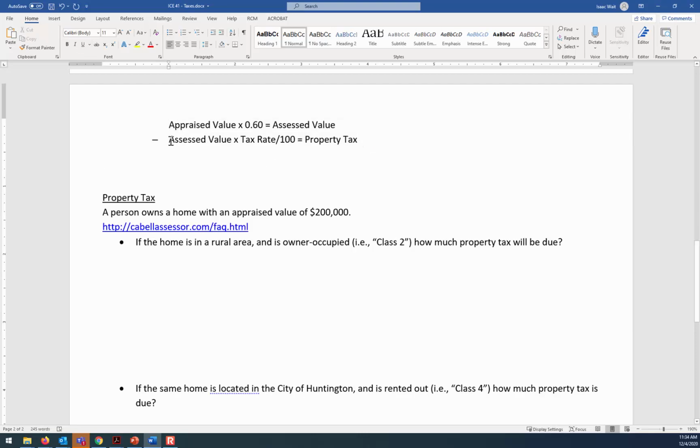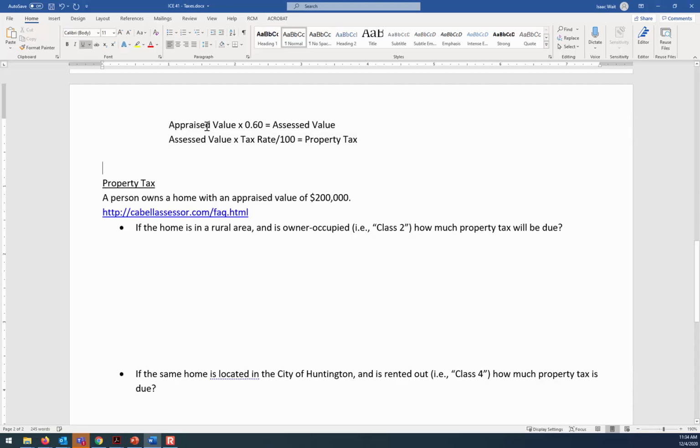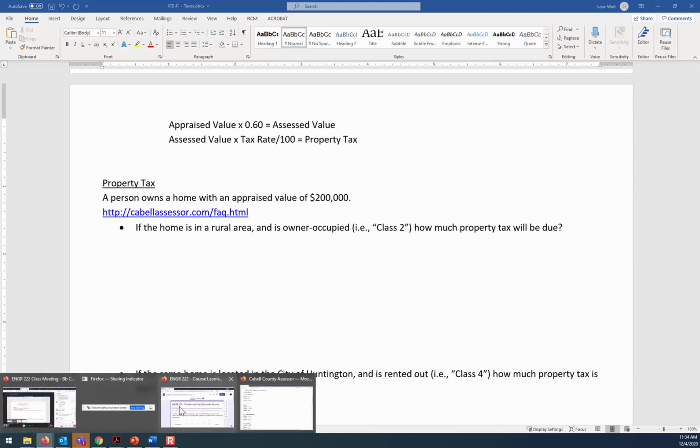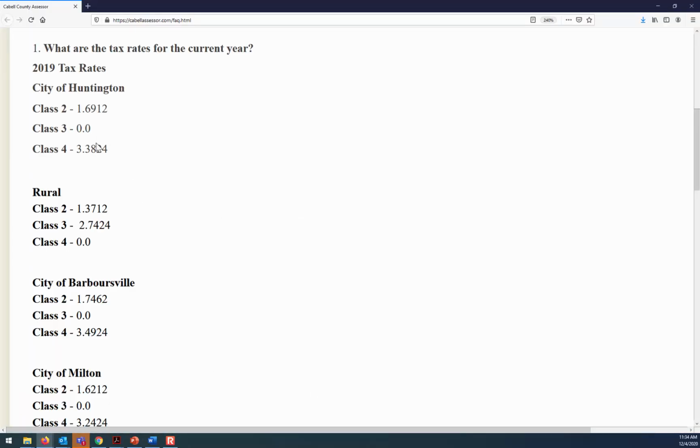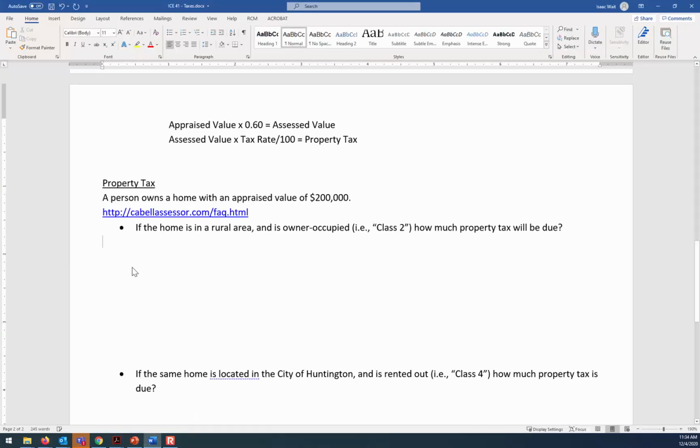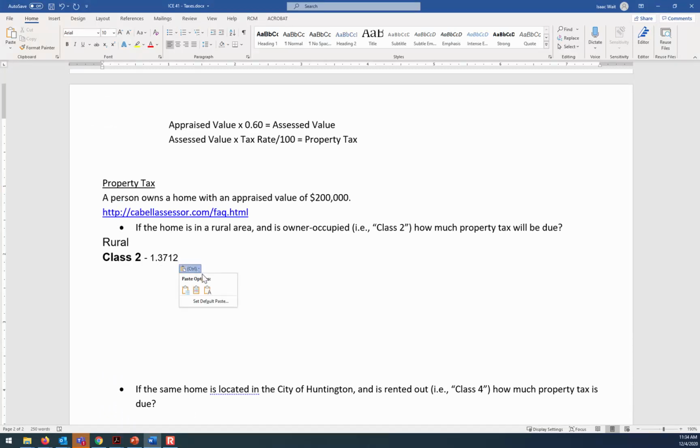Okay, so here's these formulas on how to figure out what is the assessed value and then how to get your property tax amount. Okay, so in a rural area, if it's owner occupied, meaning class 2, how much will the property tax be? So let me get our rural area class 2, owner occupied. Okay, so calculate that amount.